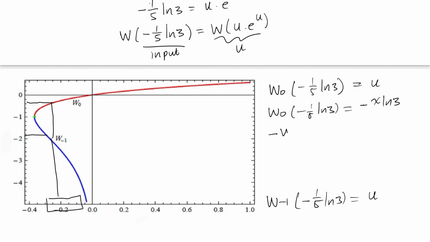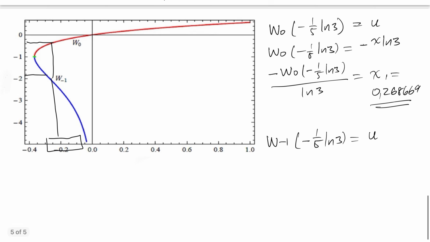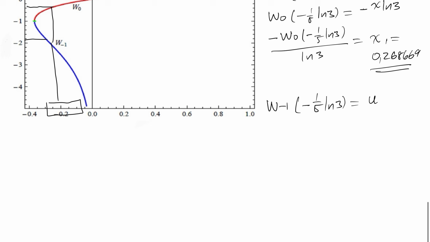So minus W naught of minus 1 over 5 ln of 3, divided by ln of 3, is going to equal x. So the first x solution is going to be 0.268669.